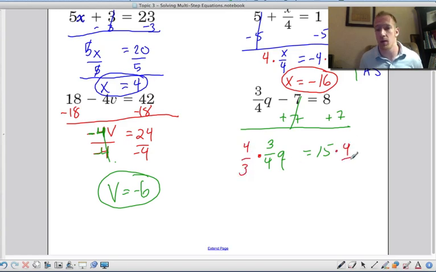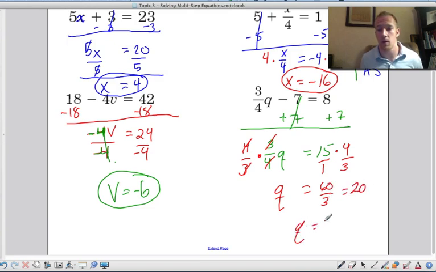So I do that on both sides. So 4 over 4 reduces, 3 over 3 reduces, so I have just q equals, this is like 15 over 1. So when I multiply fractions, I multiply the tops, I get 15 times 4 is 60. Multiply the bottoms, and I get 1 times 3 is 3. And 60 divided by 3 equals 20.